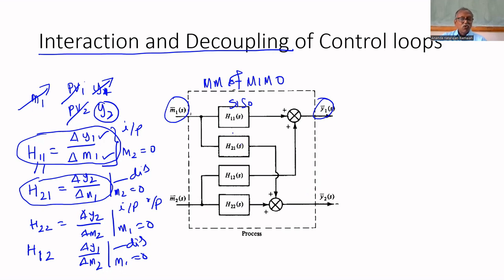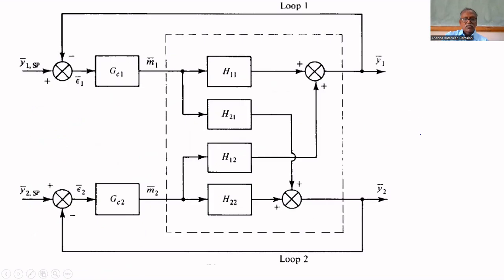Like that, 4 SISO combinations give the total MIMO process. So you got 4 transfer functions to represent this 2x2 MIMO process, 2 input, 2 output process.